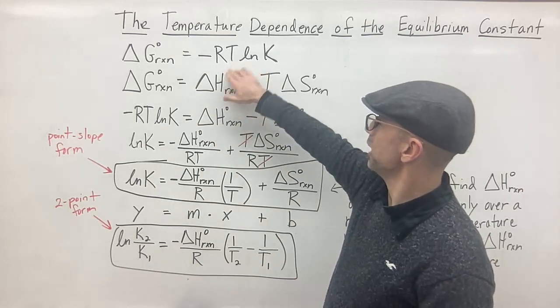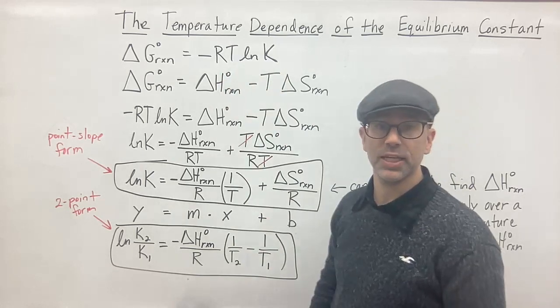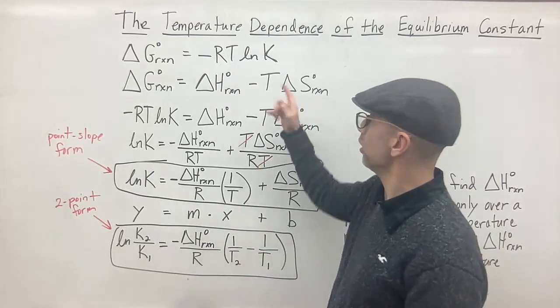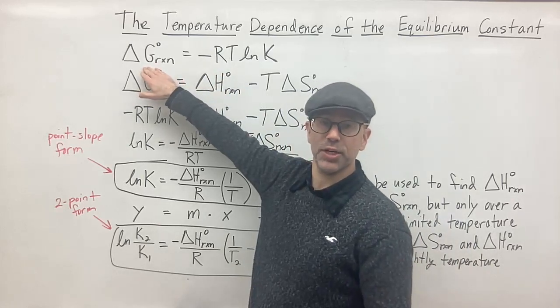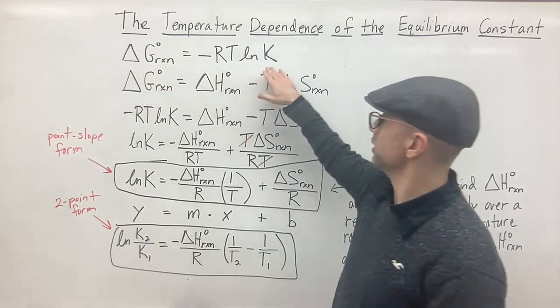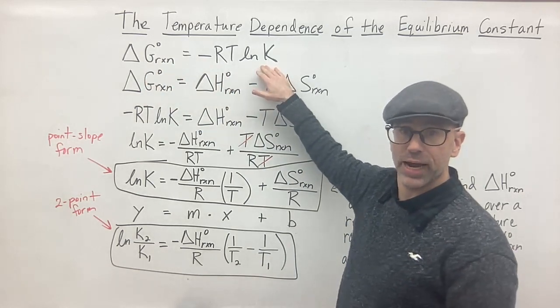And that's going to be multiplied by the temperature in Kelvin and then multiplied by the natural log of the equilibrium constant. So we saw before that the standard free energy change of a reaction is related to the equilibrium constant of the reaction.